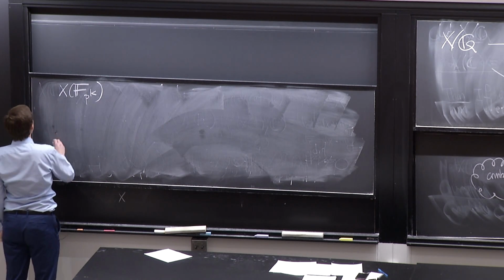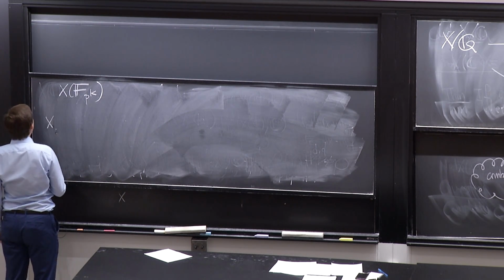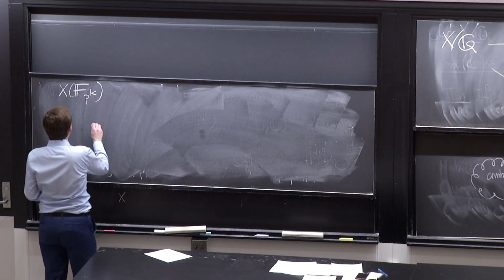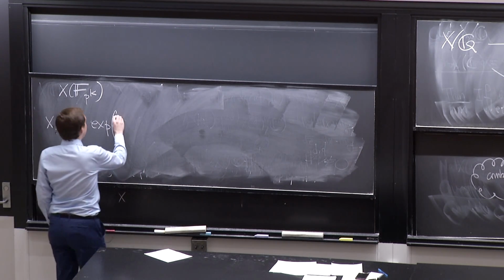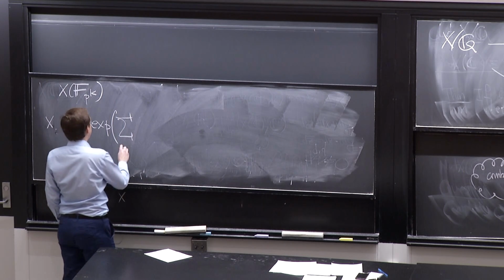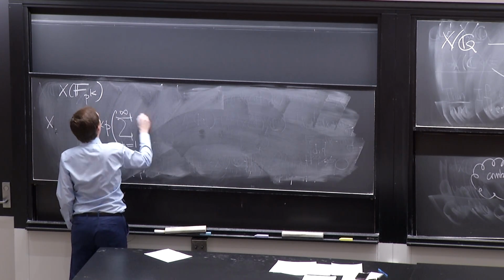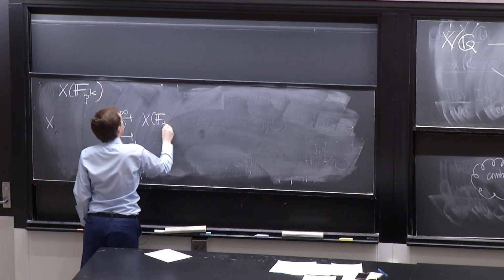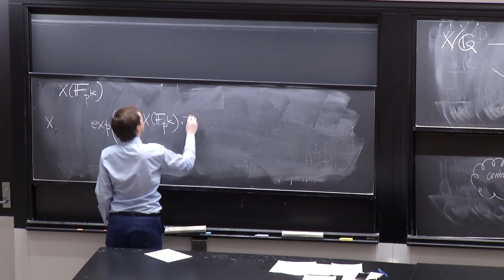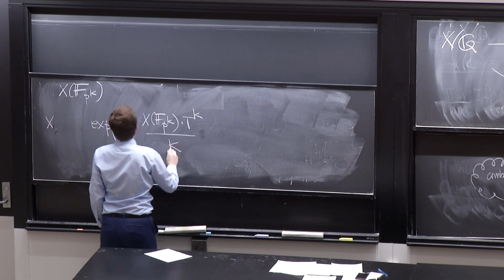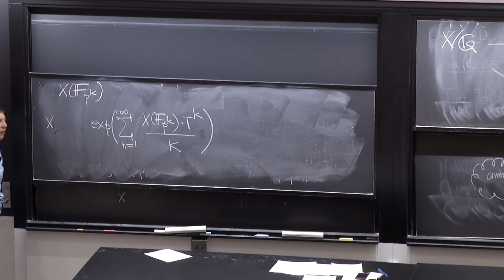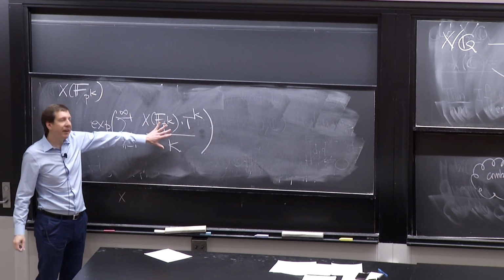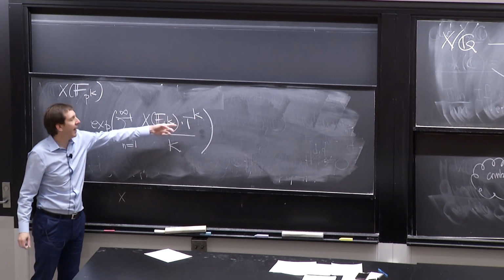Okay. So given our X, we can form the following expression, which is strange when you first see it: a generating function for the number of points of X over F_{p^k}, times t^k divided by k. You might ask, why consider this generating function rather than just the sum of the number of points times t^k?